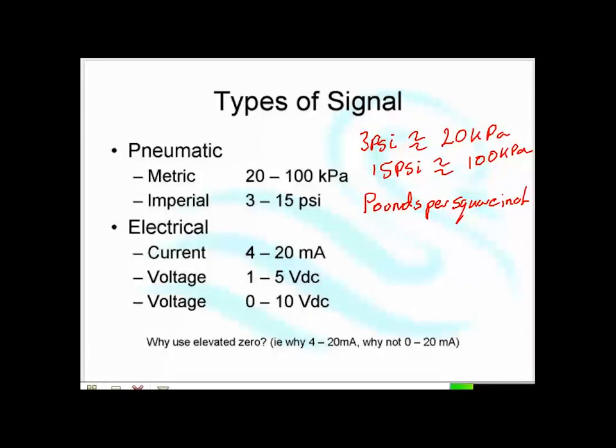So that works out really well. 3 psi is 20 kPa, 15 psi is 100 kPa. So what that means is 3 to 15 psi is the same as 20 to 100 kPa.